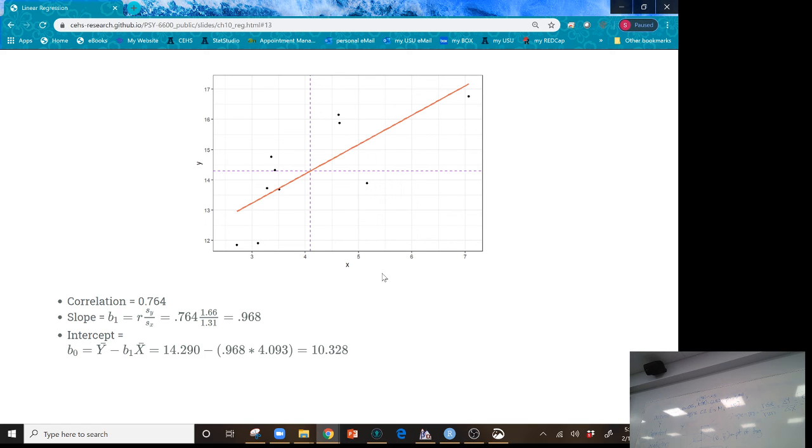The regression line is flatter. That would be the regression line if the correlation was perfectly 1. The weaker the relationship, the flatter that line gets. So this is the formula. If you can see those little tiny letters, this needs to be bigger on the slide. This is the formula for the slope. And for slope, we use b with a little number 1, because we're only doing one predictor in this class.